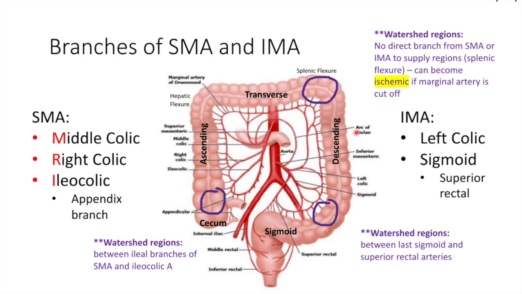And so the person can actually die from this watershed region, for example, if they got stabbed in the gut or if something happened during surgery. Another part would be between the last sigmoid and superior rectal arteries, and then the other portion is between the ileal branches of the SMA and the ileocolic.